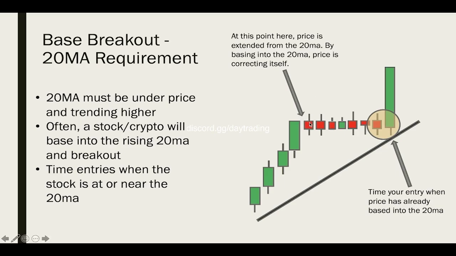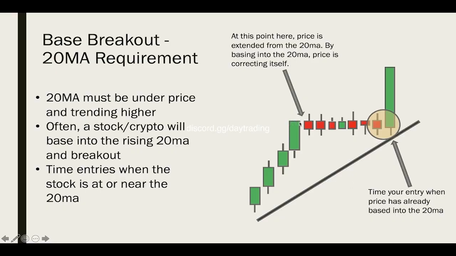So something to understand is that at this point right here, let's say we're right here, we are extended from the 20-day moving average, right? And by extended, we learned about this prior, extension means distance. There's distance between the 20-day moving average and price, meaning price is kind of overbought, right? It's a little extended. So what do we need?